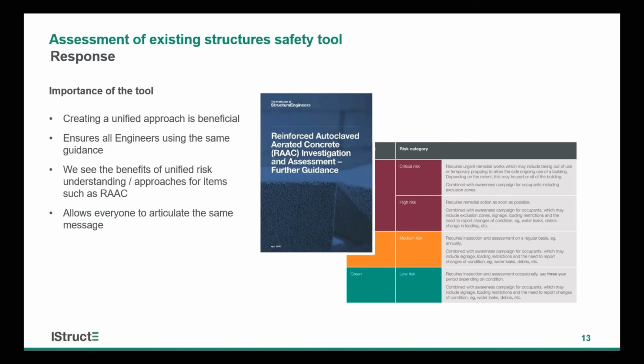And I think having a unified approach to any sort of assessment is beneficial. It means that we can all use the same guidance as engineers, and we can benefit from that unified guidance when we're talking to our clients, because we're all singing off the same hymn sheet. We're all articulating the same similar measures of risk.